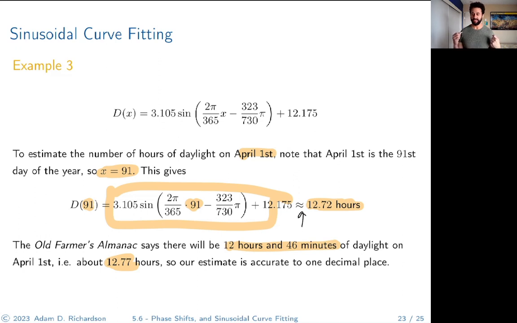If you want more accuracy, then you need to change the values of A, B, omega, and phi until they become more accurate. But for now, it really depends on the context. How much accuracy do you really need? We're just talking about hours of sunlight during the day, so maybe accuracy to one decimal place is good enough for you, or maybe it's not. That is all up to you later on when you're doing these types of models.